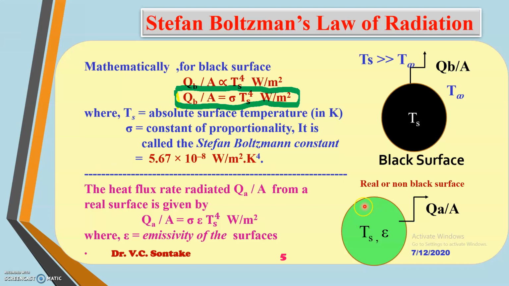Now, the heat radiated per unit area by a real or non-black surface at the same temperature at which the black surface is maintained is less, and can be given by Stefan Boltzmann law of radiation by the equation Q suffix A over A is equal to sigma epsilon Ts power 4, watt per meter square.